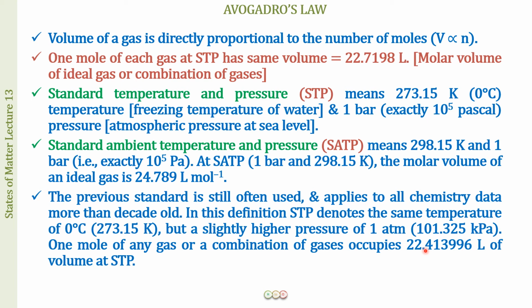You can use 22.4 liters or you can use 22.7 liters, but just remember that 1 mole of gas at STP is going to occupy a volume of 22.7 or 22.4 liters depending upon the question. And at SATP, which is at 25 degrees Celsius, the volume is going to be 24.789 liters per mole. Fine, I hope this is clear.